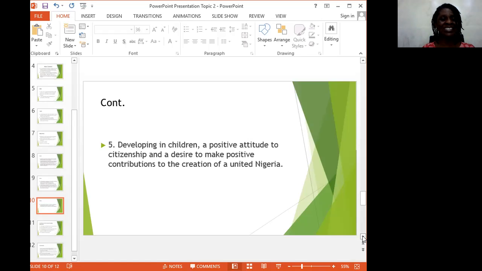It helps the child in developing a positive attitude for citizenship and a desire to make positive contributions to the creation of a united Nigeria.